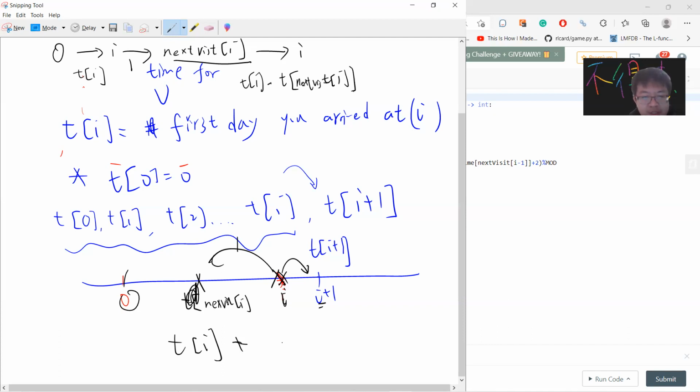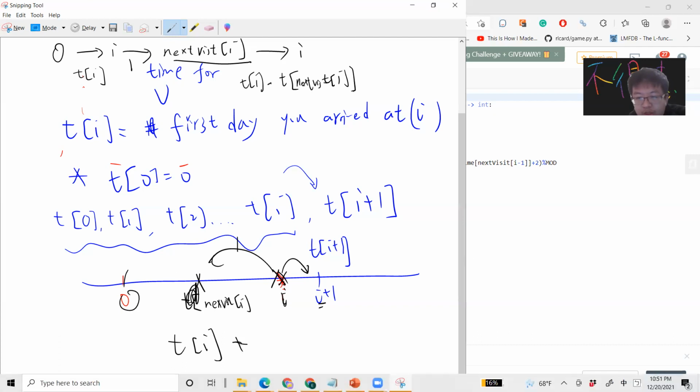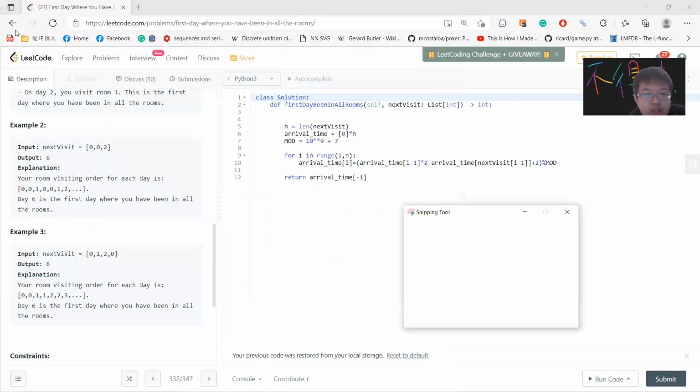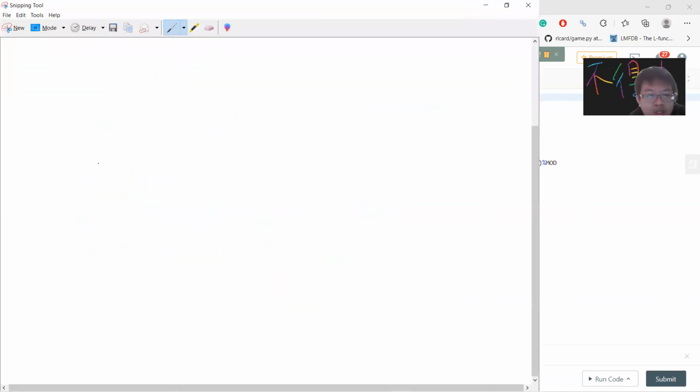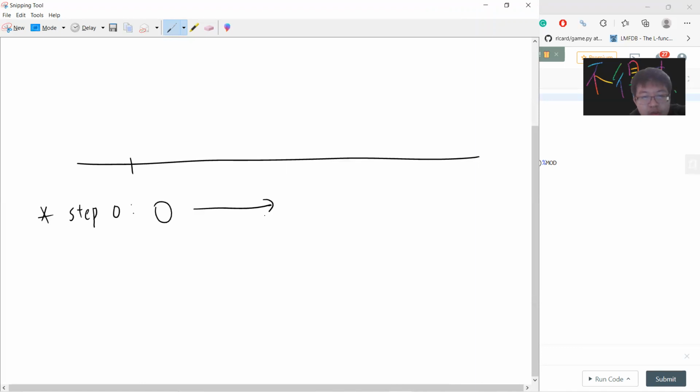Let me redraw a picture. Step one: go from 0 to i, and your cost is T of i by my definition.